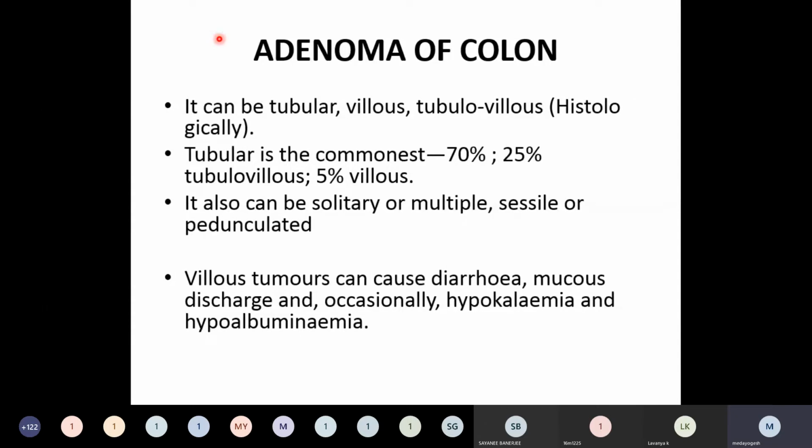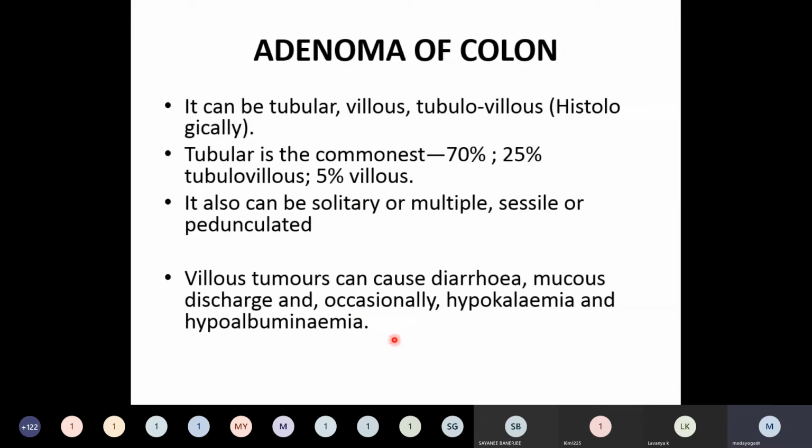Next in line is 25% by the tubulovillous and 5% by the villous polyps. It also can be solitary or multiple, and it can be either sessile or pedunculated. So these are the characteristic features of adenomas.